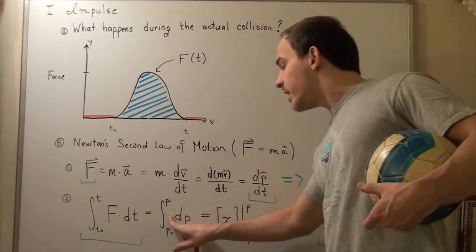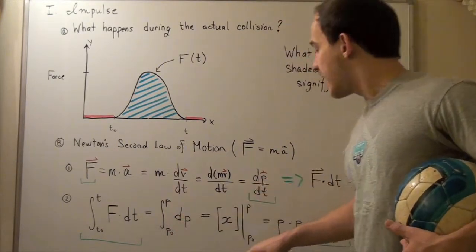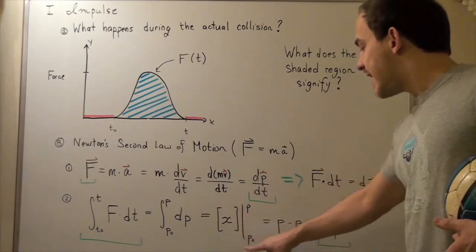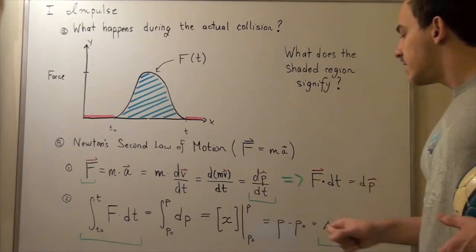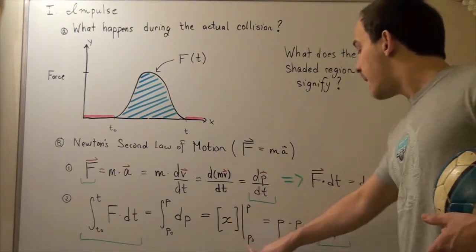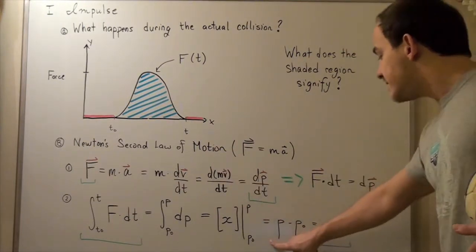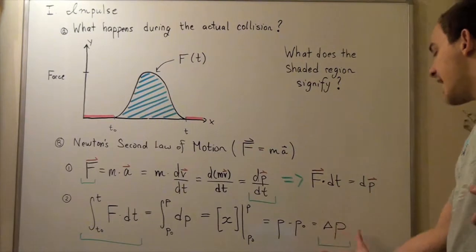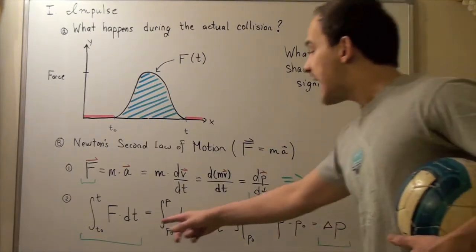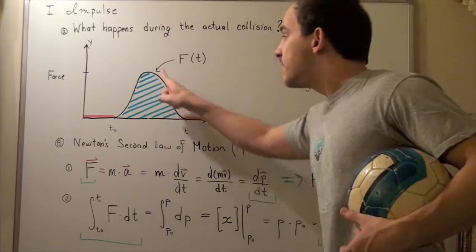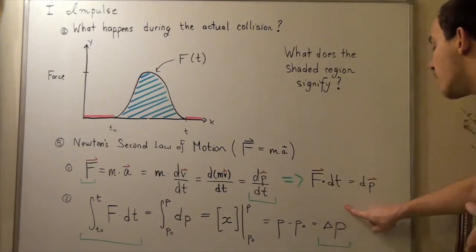Remember, when there's a 1 in front of the infinitely small change, this simply becomes x. So now we're basically taking x, and we want to find what x is from p initial to p final. So we take p final minus p initial, according to the rules of integration. And we see that p final minus p initial is simply the change in p. So that means this whole area simply signifies the change in our momentum.